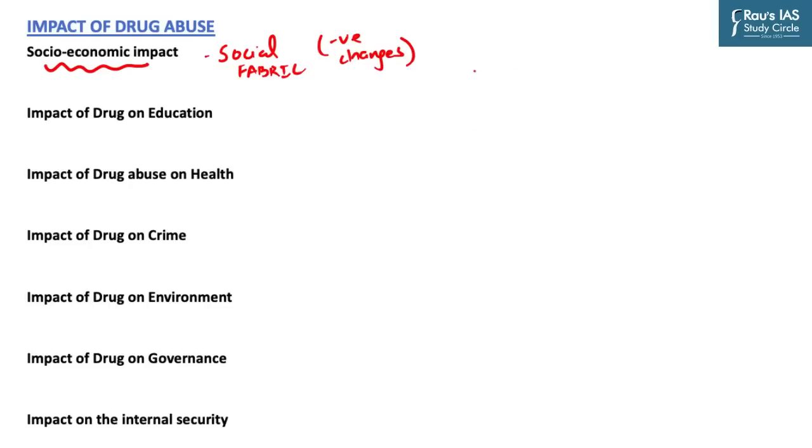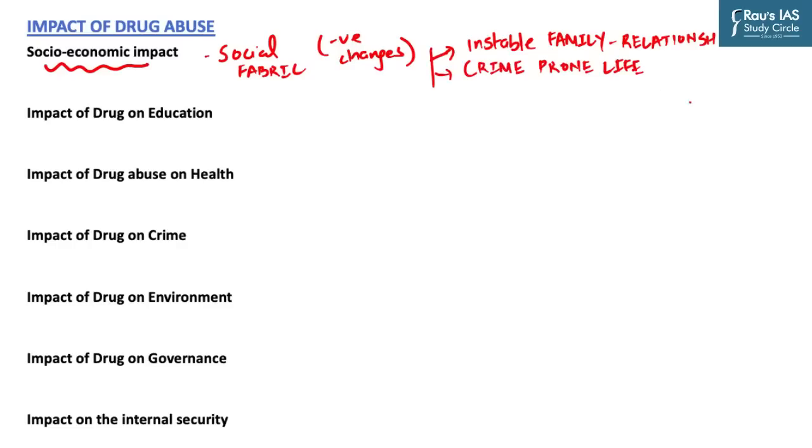Now, it has been observed that the families who have witnessed cases of drug abuse have unstable family relationships, a crime-prone life, and a reduction in the sense of belongingness to the family and society.